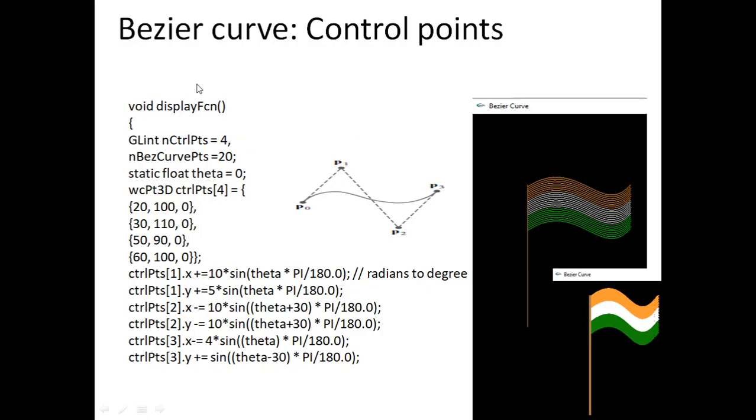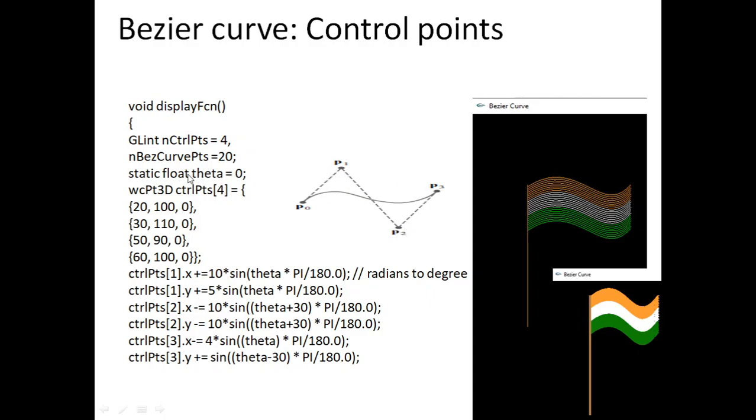Let us start the concept. A Bezier curve can be drawn by using control points. Here we are going to draw the curve using 4 control points. You can see the curve here. Each curve will have 4 control points, that is the first point and last point for all the curves, and then these two extra depending on the number of control points. So here we have 4 control points P0, P1, P2, P3.